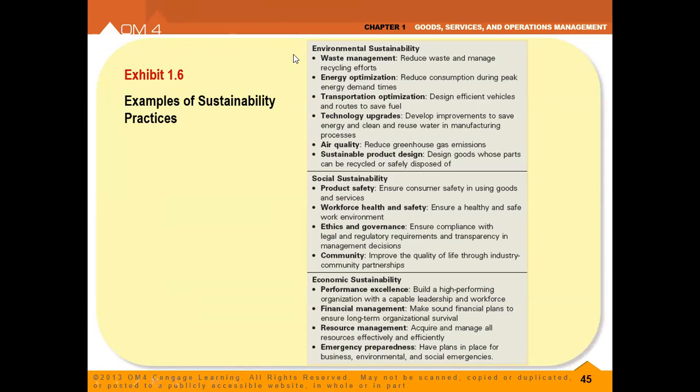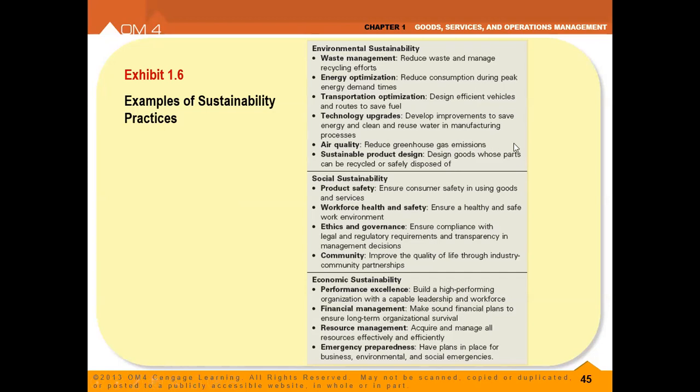So for environmental sustainability, we have waste management, energy optimization, transportation optimization, technology upgrade, air quality, and sustainable product and service design. If you go to Google Flights to find different flight tickets, they show CO2 emission numbers, so that if you really care about the environment, you would not take the flight that would pollute the earth too much.